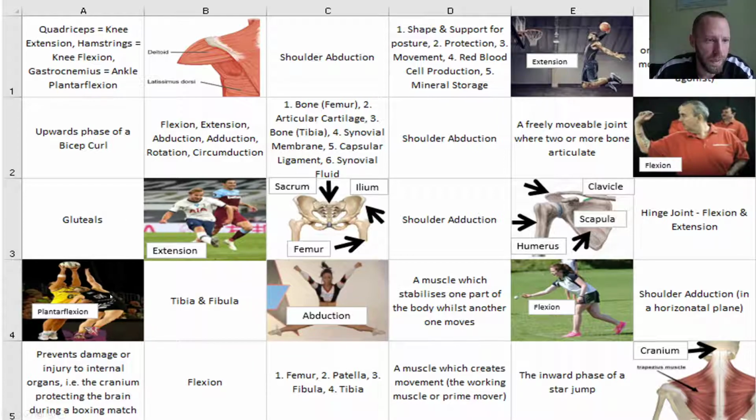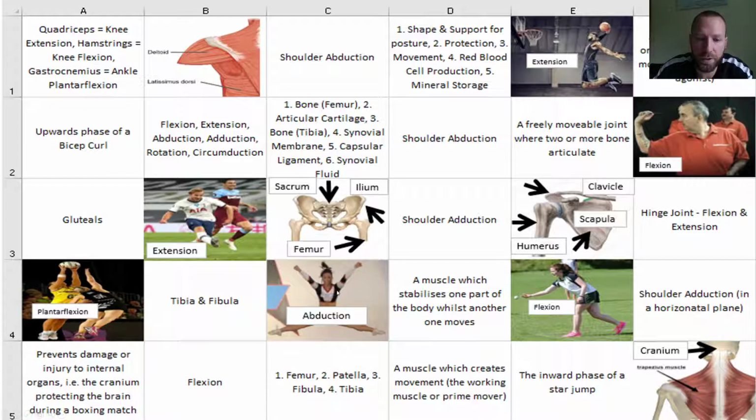Bit of a tricky one here. 4A, it asked about the ankle, and although it's not easy to see, you can see the toes are pointing downwards, and that is in plantar flexion. So remember we said the toes pointing down as if it's pushing soil into the ground, trying to plant a flower. That's in plantar flexion.